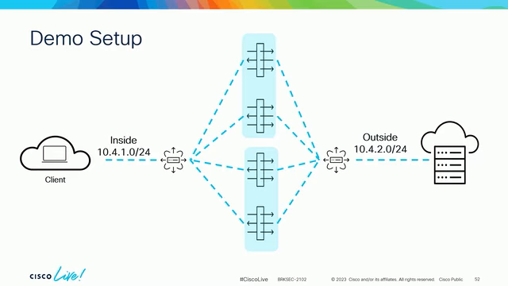So I have a cluster formed by 4 units. The client is in the 10.4.1.0 subnet, and the server is located in the 10.4.2.0 subnet. So allow me 1 minute to connect to the units.